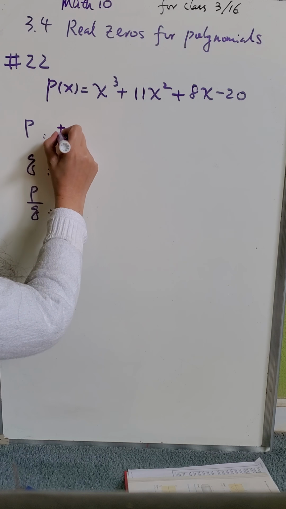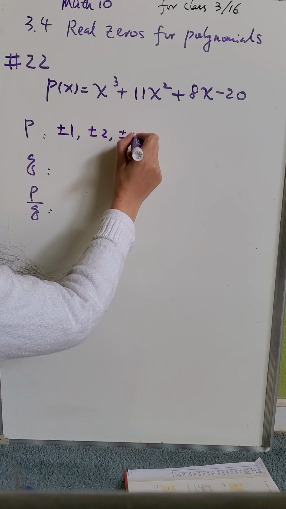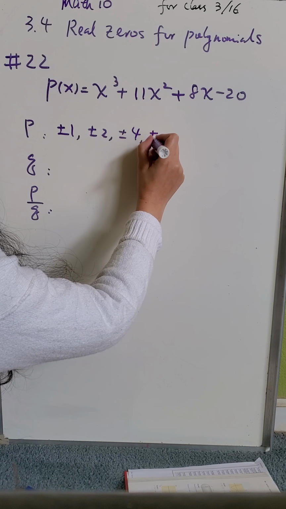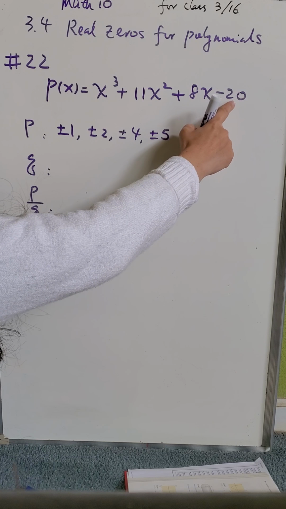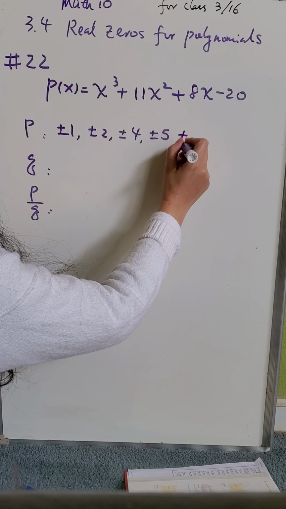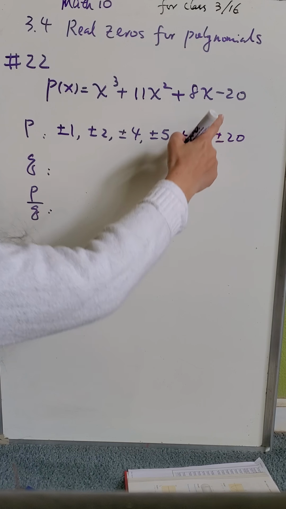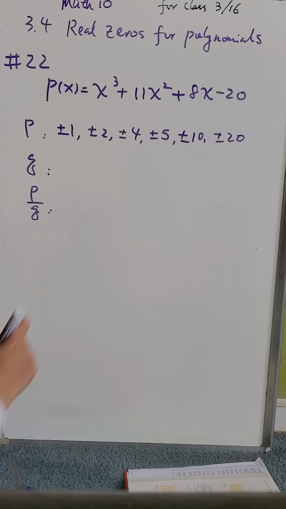So plus or minus 1, plus or minus 2, plus or minus 4, because 20 can be divided by 4, plus or minus 5, plus or minus 10, and plus or minus 20.